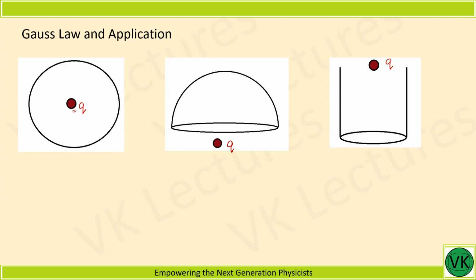According to Gauss law, the flux is equal to q by epsilon. Here we have a hollow sphere, and inside we have the charge q, so the total flux through the surface will be equal to q by epsilon.